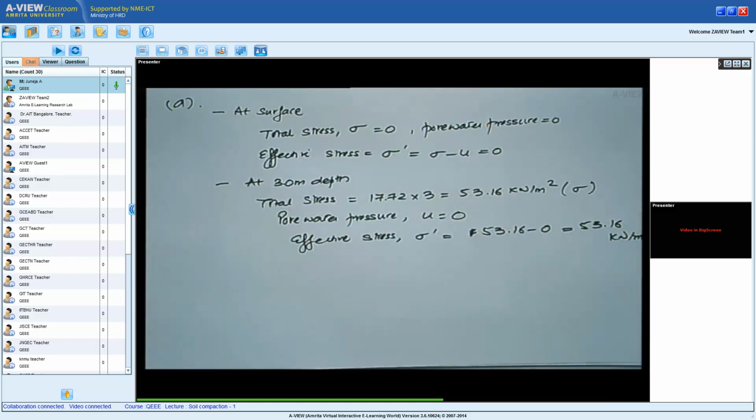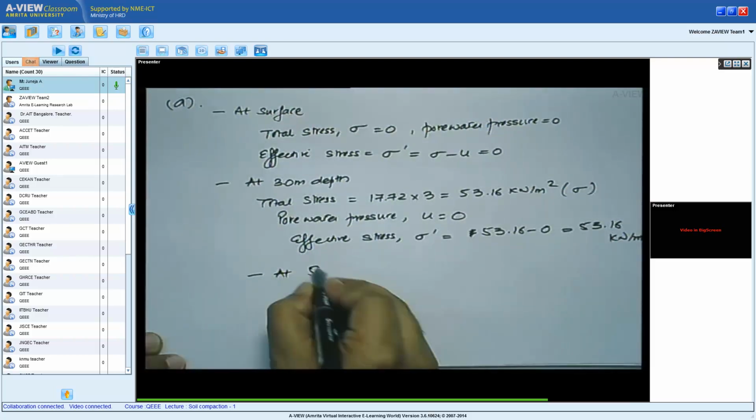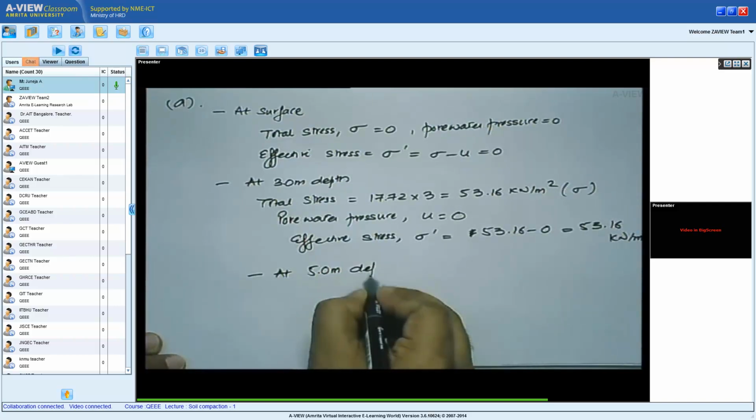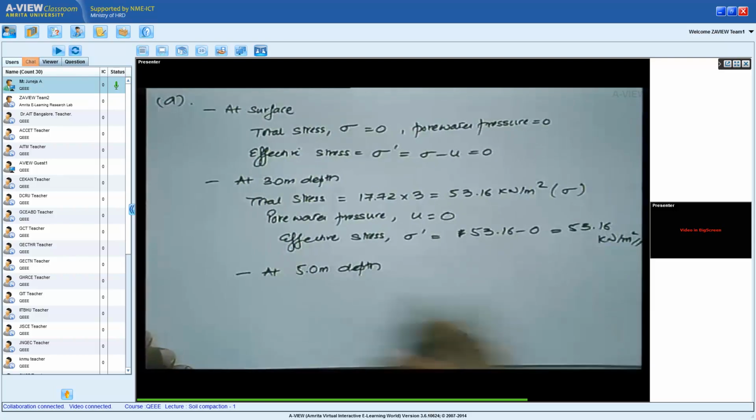Okay. Now let's look at the next one, which says at 5 meter. 5 meter is the boundary of the sand and clay. So at 5 meter depth, I have the same analogy.